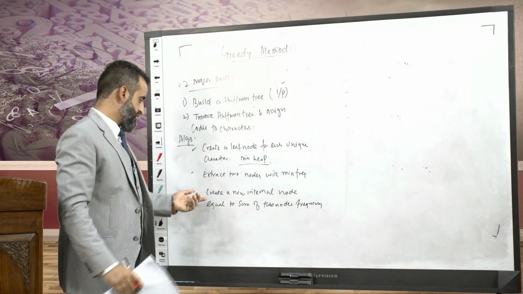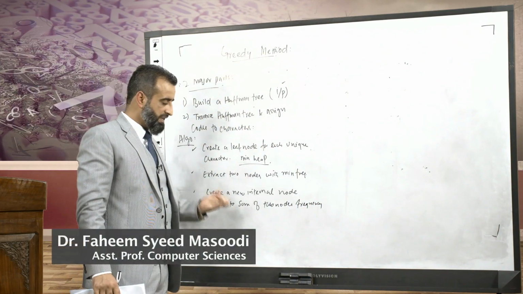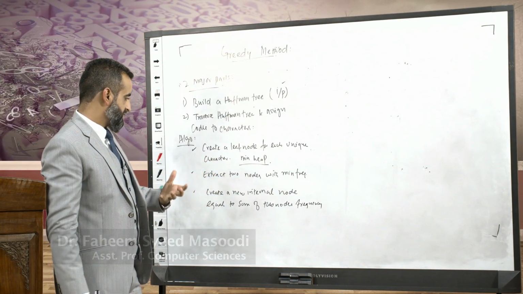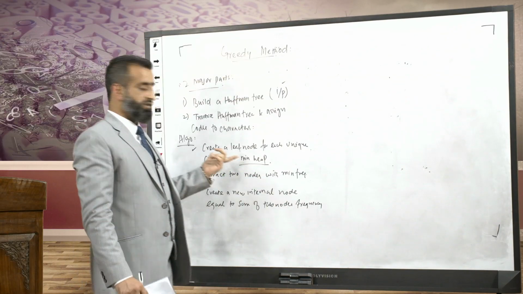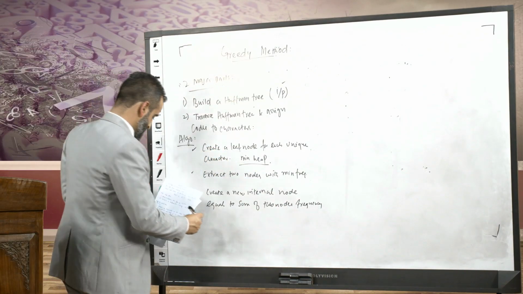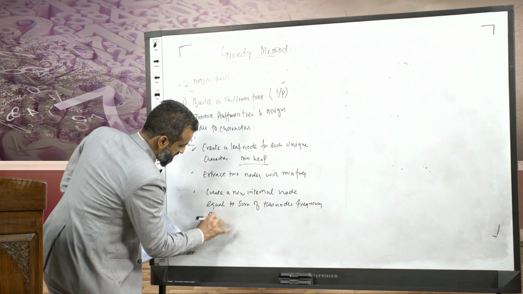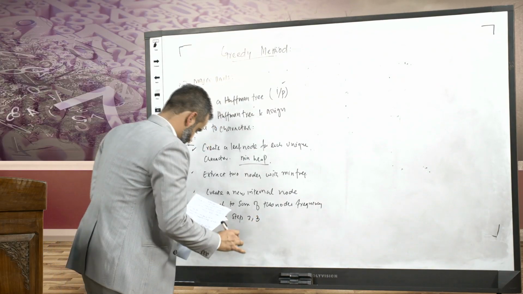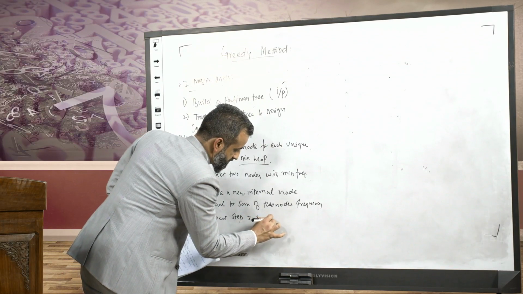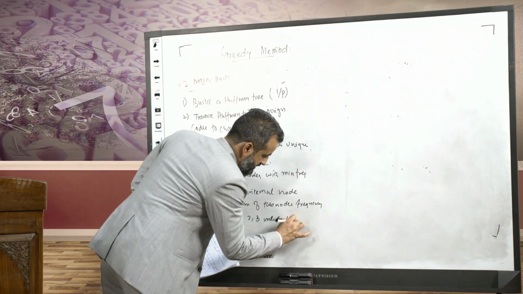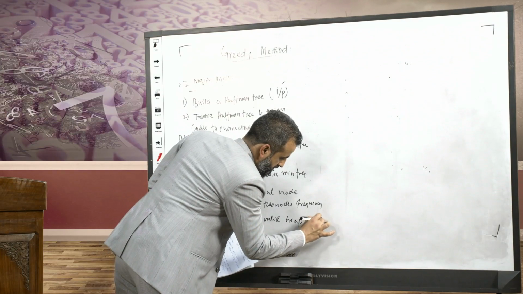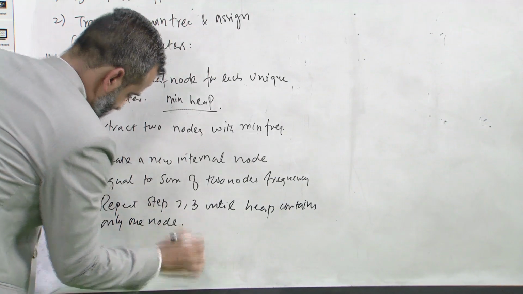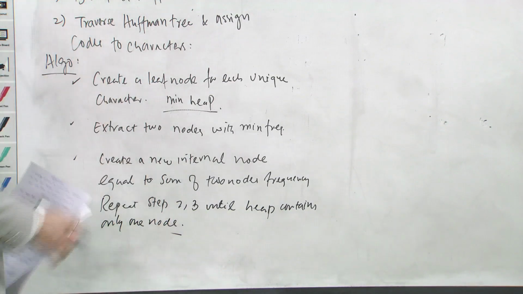So in step 3, we are trying to create a new internal node, not a leaf node, and the frequency of that internal node will be the sum of the 2 that we have already extracted. And we'll be repeating steps 2 and 3 until the heap contains only one node. That's where we stop. This will be our root node.